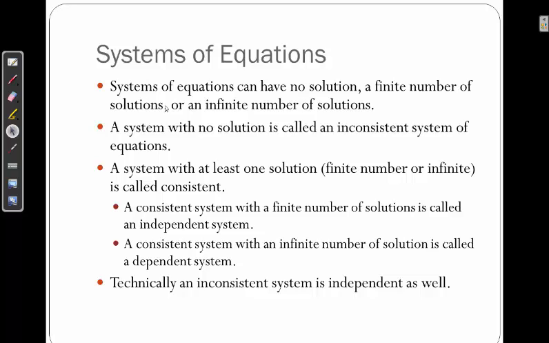Here are some other properties of systems of equations. Systems of equations can have no solution, a finite number of solutions, like we just saw, we had one solution in that last problem, or an infinite number of solutions. Just a brief example of each. Two equations with no solution might be x plus y equals 2 and x plus y equals 3.